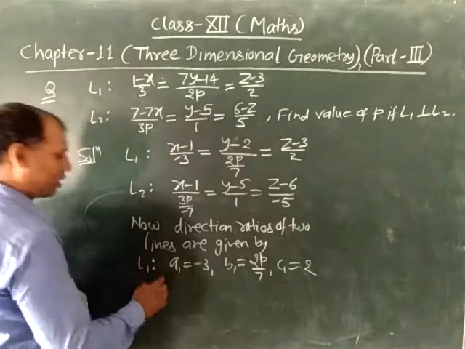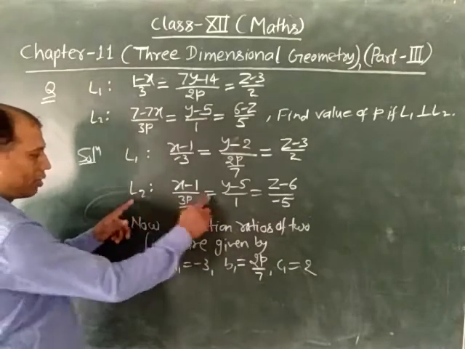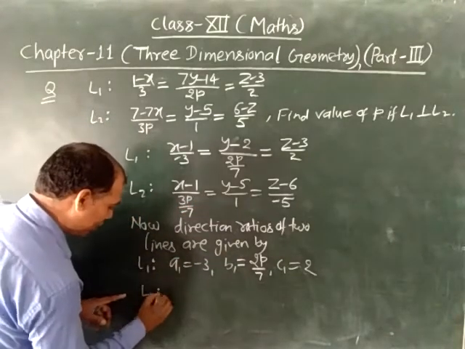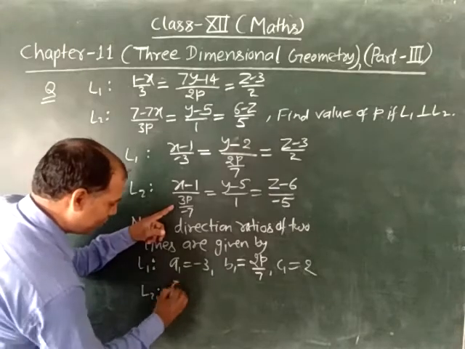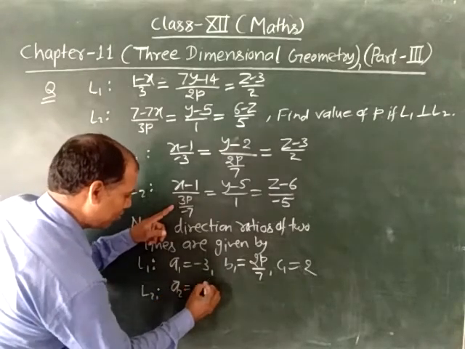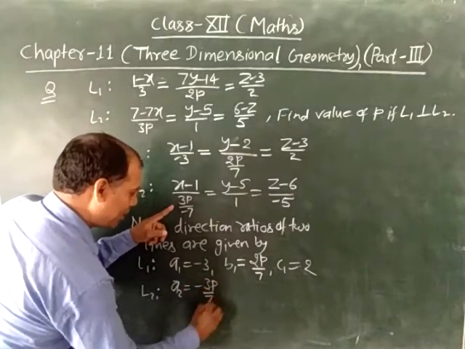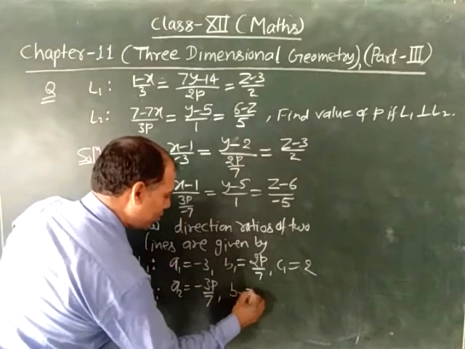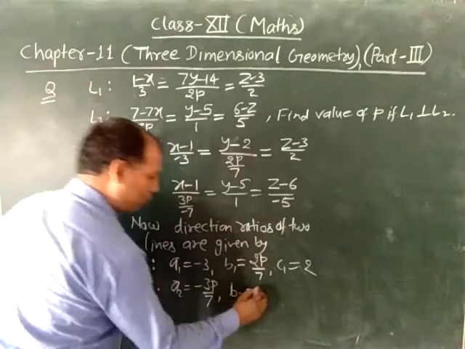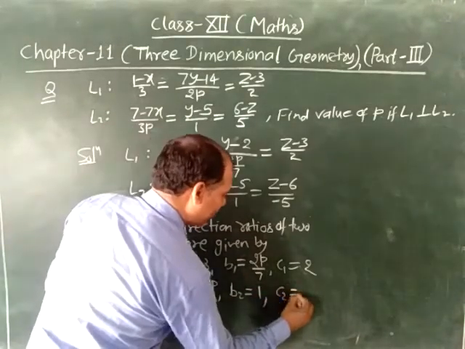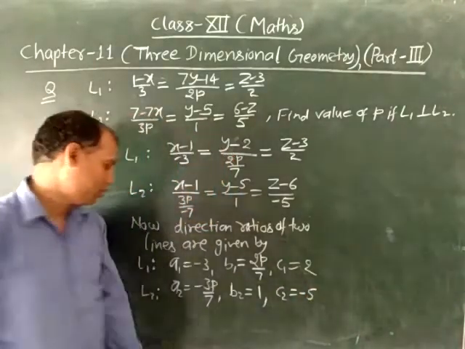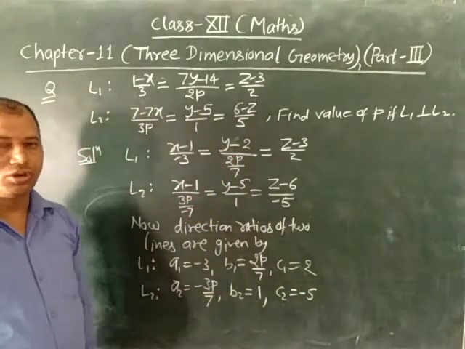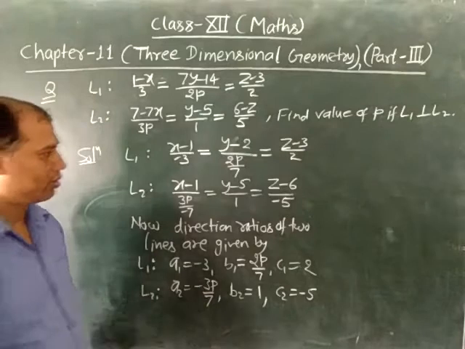These are the direction ratios for the line L1, and for the line L2, the direction ratios are a2 equal to minus 3p by 7, b2 equal to 1, and c2 equal to minus 5. These are the direction ratios of the two given lines.